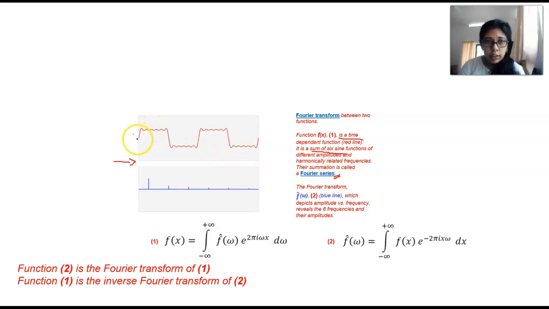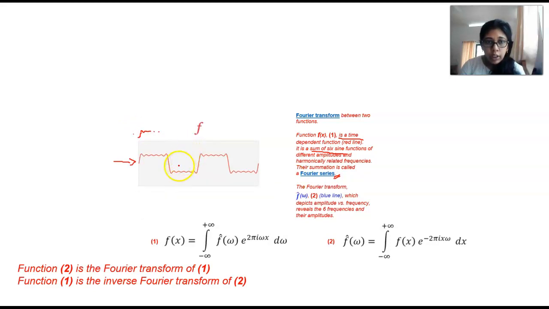So this particular function is the periodic function, formed by 6 sine functions. Usually sine functions are added together in the case of Fourier series to form the Fourier series.